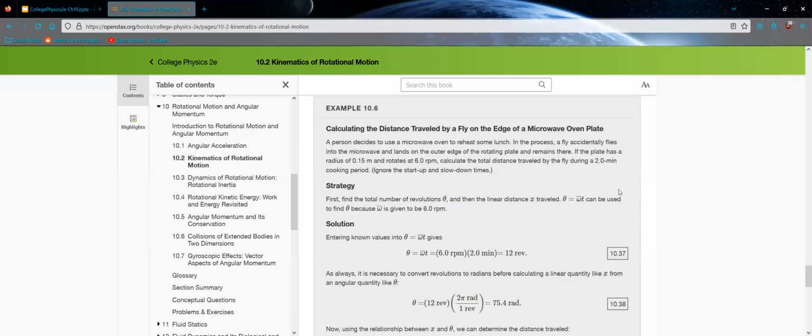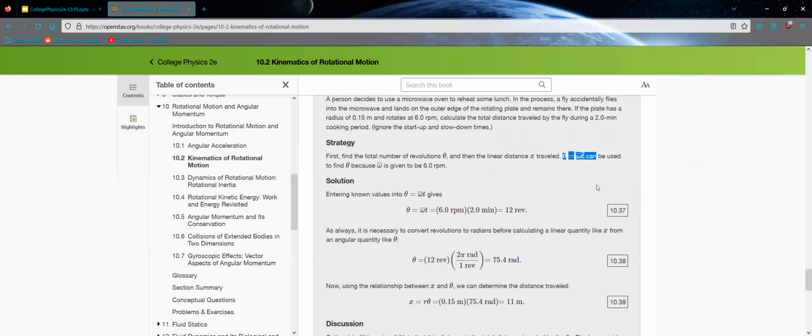Or, as shown here, theta equals omega t, because omega is that velocity in the rotational direction. So we can figure all that out, and then we can work towards finding a solution of how far the bug actually travels.